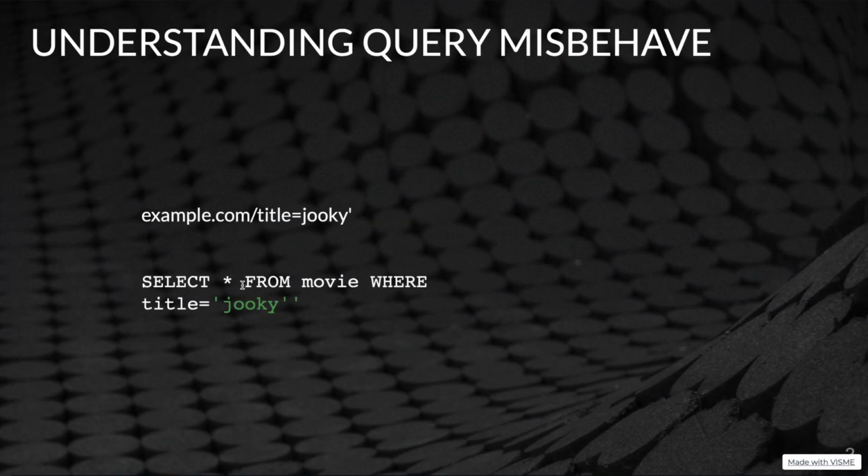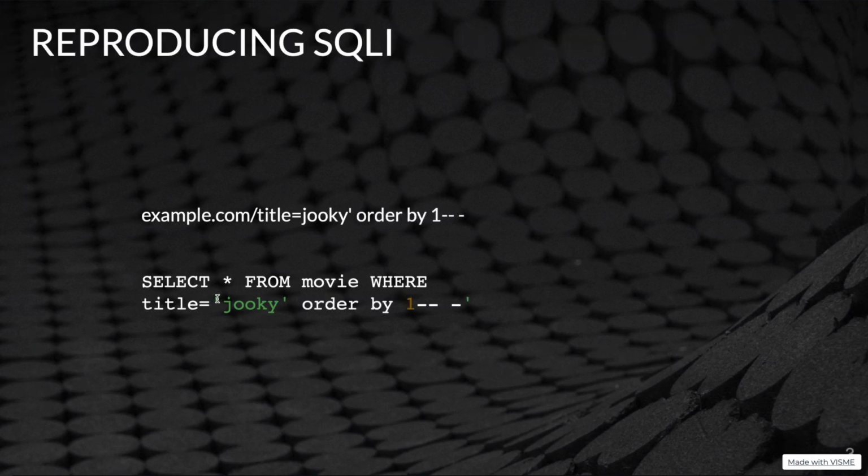So you can see here select all from movie, the same. We have the same query, but we have a little bit of change in this query and the string. You can see here jockey is the string. Let me go back.